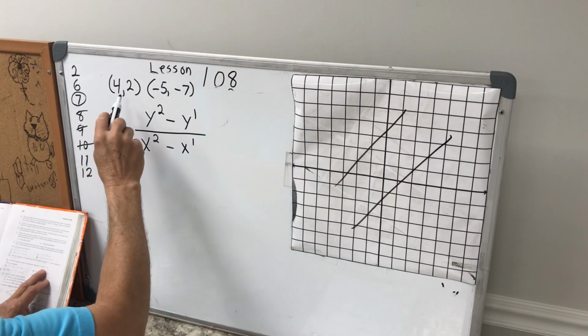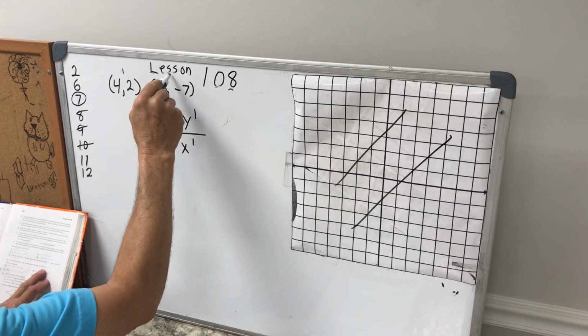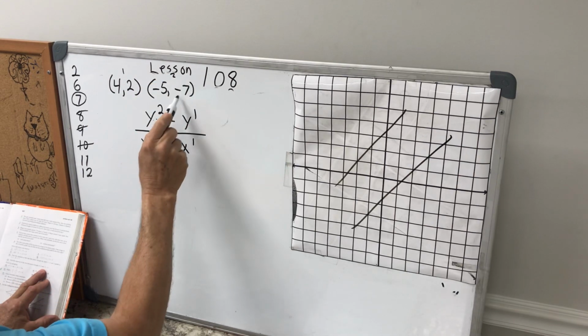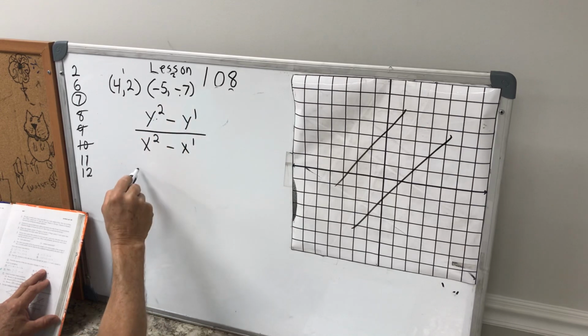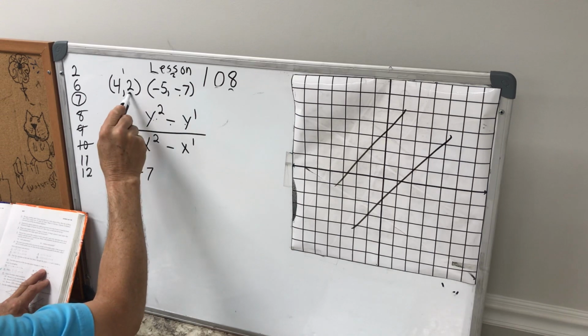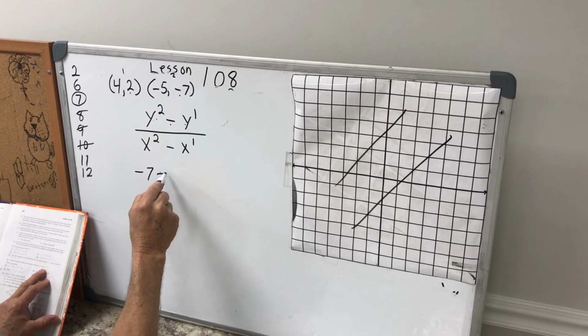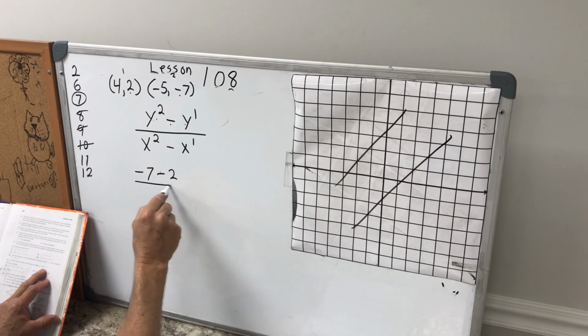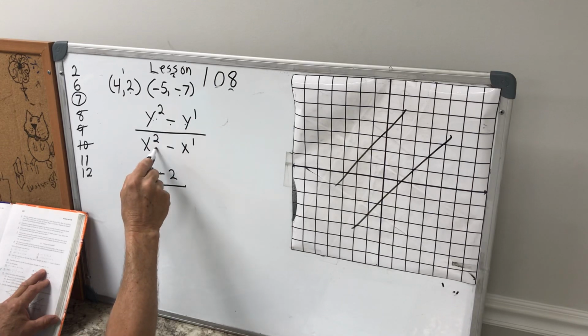You look at these. This is 1 and this is 2. Here's y2 right here. y2 is negative 7 minus y1 is 2, so it's minus negative 2. It's on the top. On the bottom we do the x's.